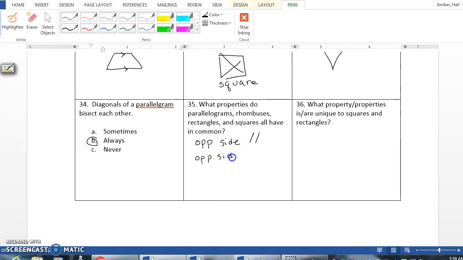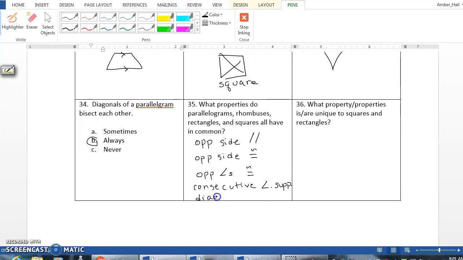Opposite sides are congruent. Opposite angles are congruent. Consecutive angles, sorry, my pen disappeared. Consecutive angles are congruent. Or not congruent, sorry. Consecutive angles are supplementary. They add up to 180.